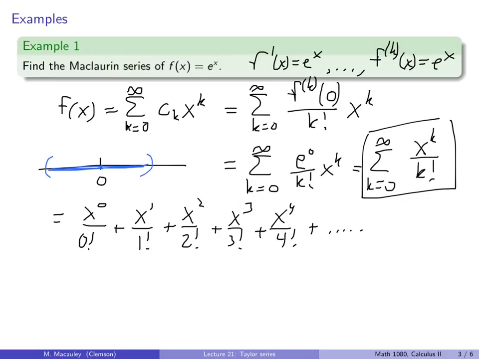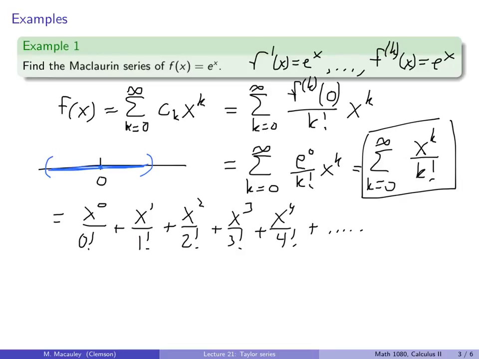I'll give you the spoiler right now: the radius of convergence, as we'll see, is going to be infinite. Meaning, if you plug in any, and I mean any real number, into this series for x, that series is going to converge to e to the x at that number.